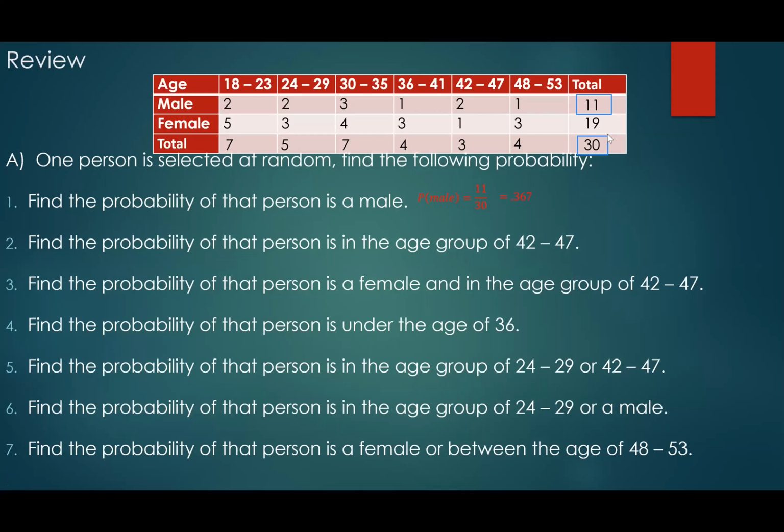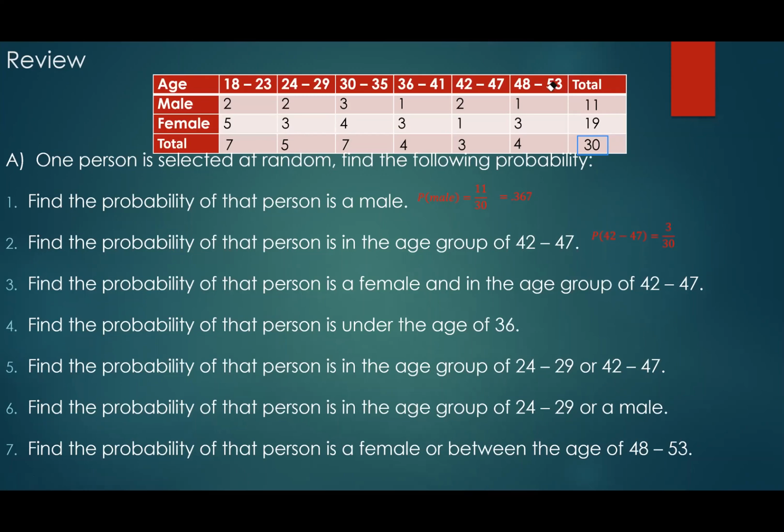Now, looking at the second item, what do we have? The second item asks, again, what is the probability that the person we select is in the age group of 42 to 47?